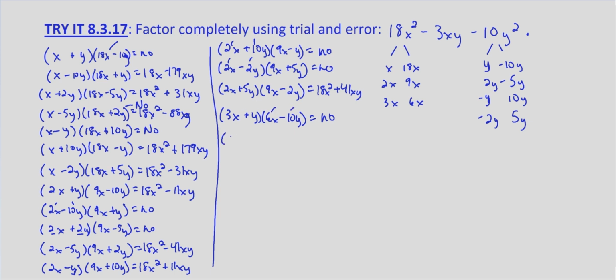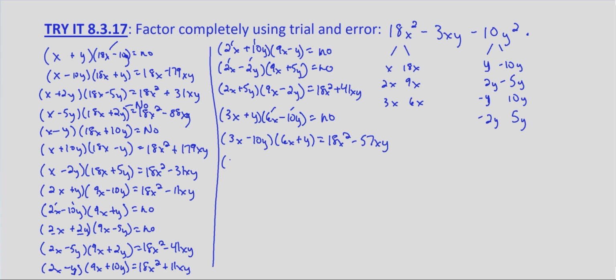So then we'll switch the y and the minus 10y. So 3x minus 10y times 6x plus y. No common factors there, so we can multiply it out. 18x squared, and that's going to be plus 3xy minus 60xy. So that's going to be minus 57xy, so we know that's not it.